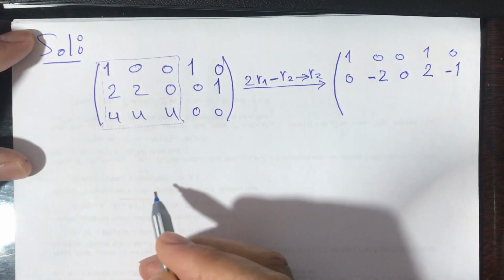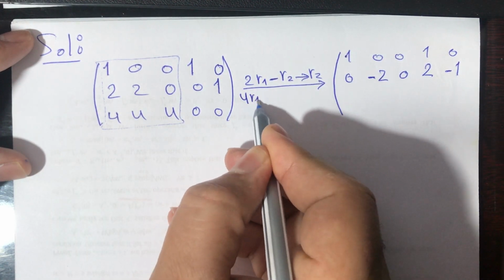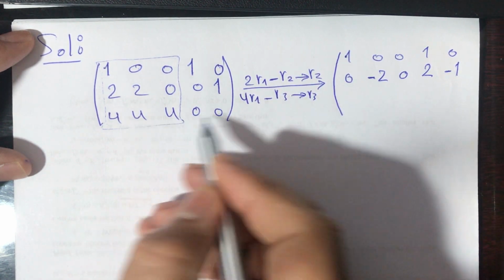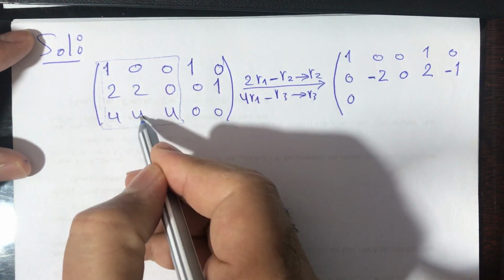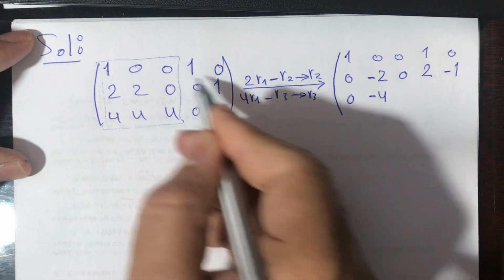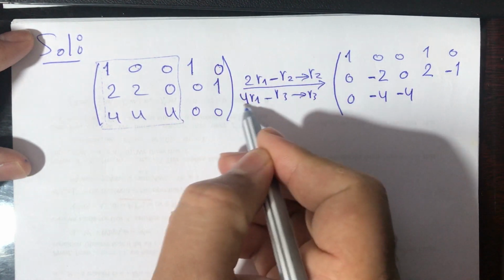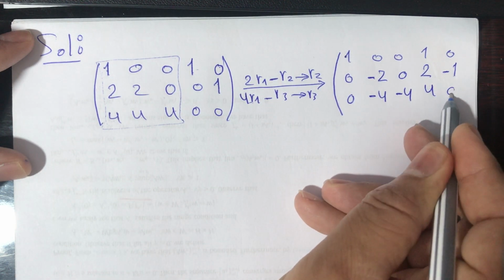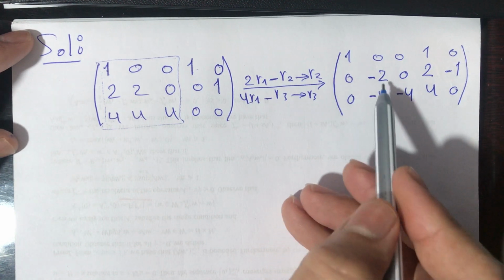Also 4r1 minus r3, written in r3: 4 minus 4 is 0, 0 minus 4 is minus 4, also minus 4, and 4, and 4 minus 0 is 4.